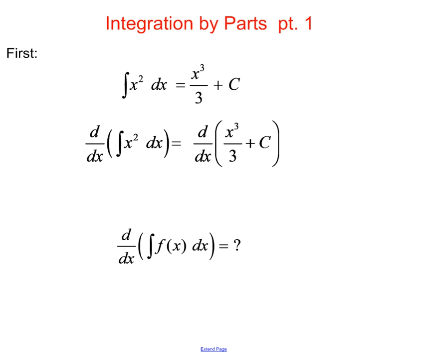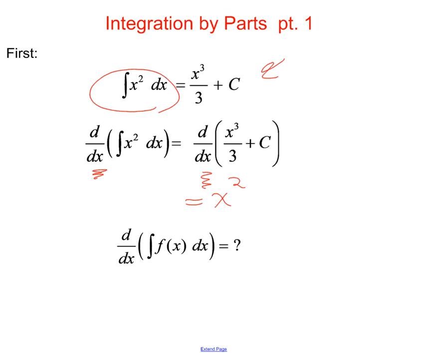This method is going to be called integration by parts, and before we actually do that, what I want to look at is just one thing. If I have the antiderivative, or the integral of x squared, we know that's equal to x cubed over 3 plus c. If I take the derivative of the right side, the derivative of x cubed over 3 is certainly going to get us back to x squared.